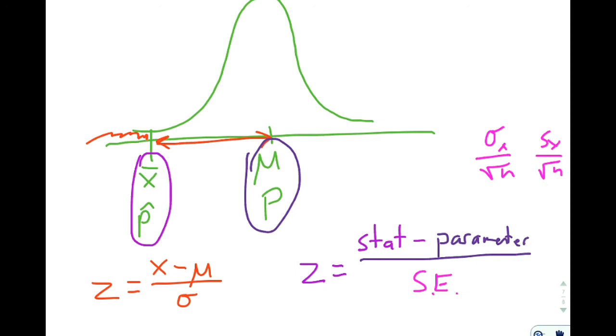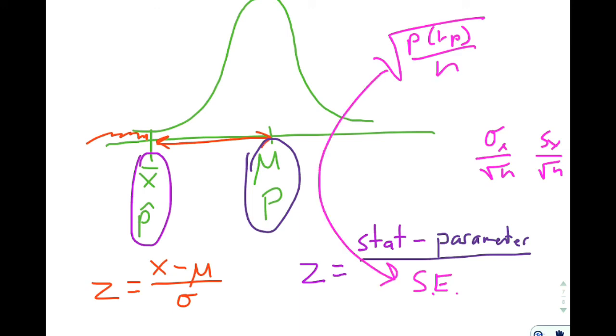When we're talking about proportions, it's that really unbeautiful formula of the square root of p times 1 minus p over n, and that would plug in down there. It tells us how wide our sampling distribution is. In essence, it's really just that same basic z-score formula we're used to, but we need to generalize a little bit to make sure that we can use it for both means and for proportions while working on hypothesis tests.